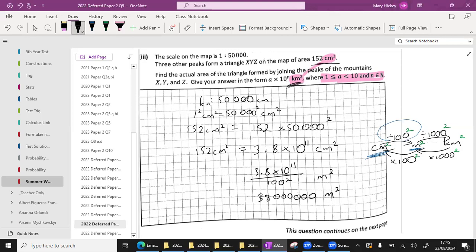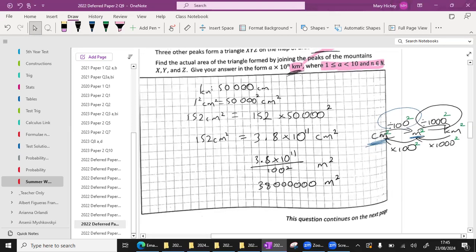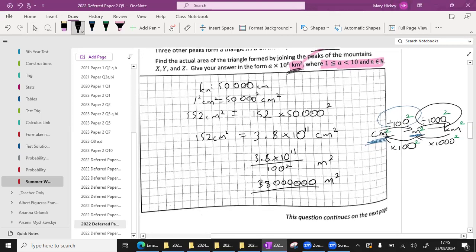So now I'm going to have to divide it by 1,000 squared to get to kilometers squared. So underneath I divide by 1,000 squared. On my calculator, I divide that figure by 1,000 squared, and I end up with 38 kilometers squared.